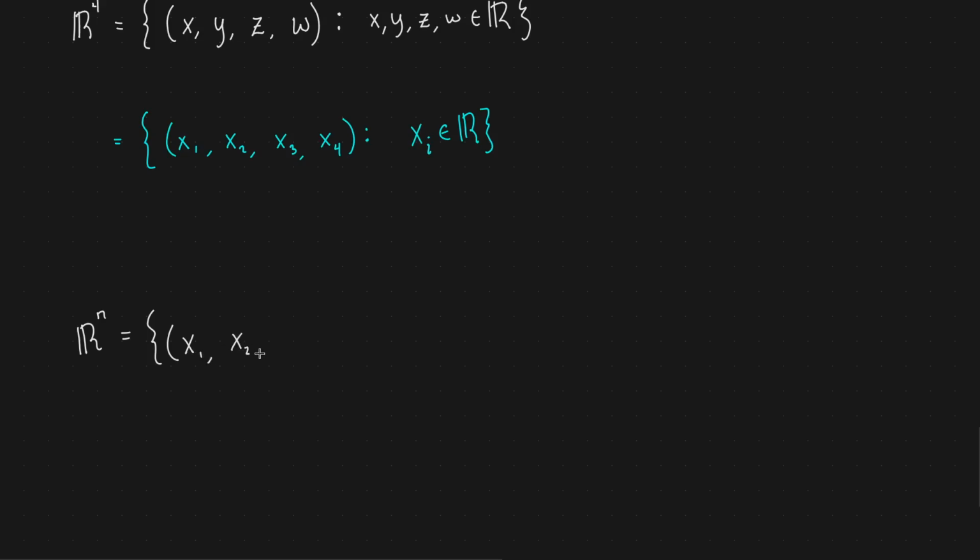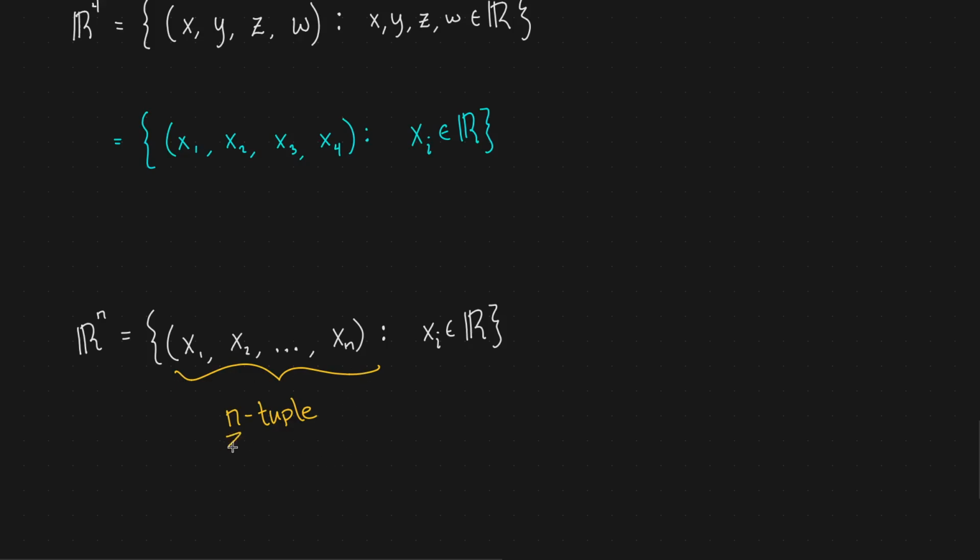So x1, x2, all the way to xn, the nth real number, where all those xi's are real numbers. Okay? This ordered set of real numbers, we call it an ordered n-tuple.